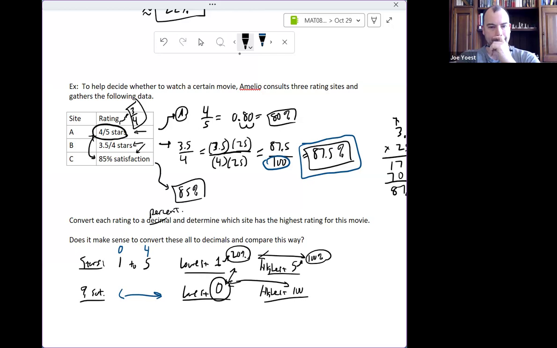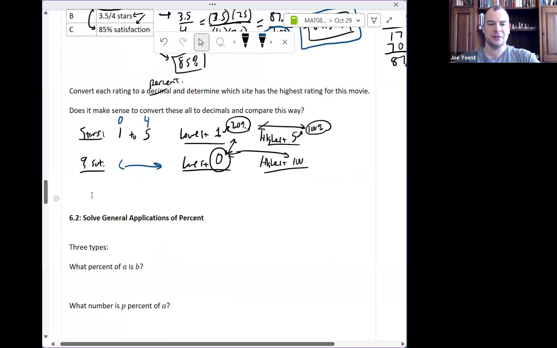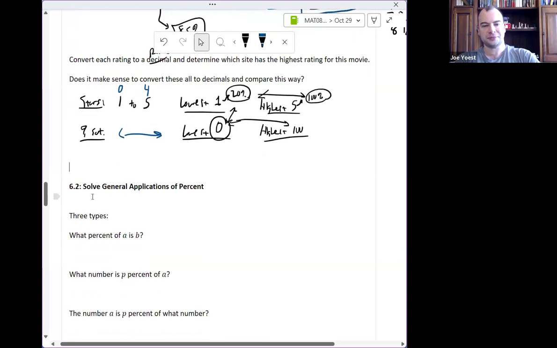Maybe, maybe not. So we should think a little more deeply about these things before just trying to compare between different scales. Just because we see a ratio versus a percent doesn't mean that those things really mean the same thing. So just a cautionary tale.